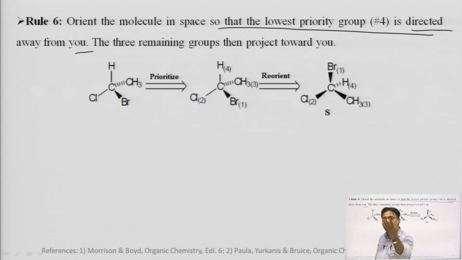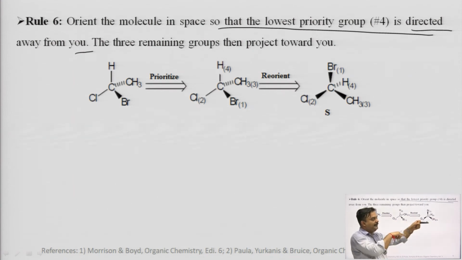Means if there is a carbon and these are the groups attached to that chiral carbon, then whenever I assign the priority, the group of lowest priority will be kept away from the observer, like this. The remaining 3 groups, 1 to 3, will be considered when we observe the rotation clockwise or anticlockwise.